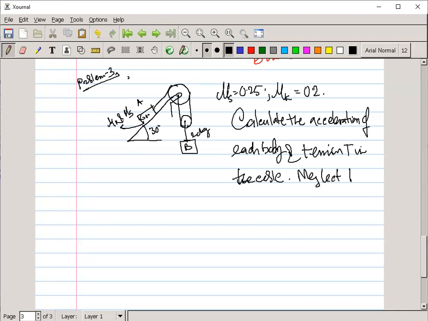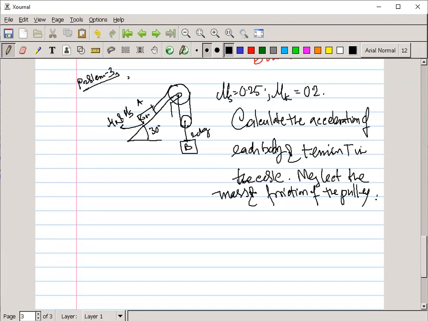Also, neglect the mass and friction of the pulley. If this is the question, then how are we able to solve this type of problem?